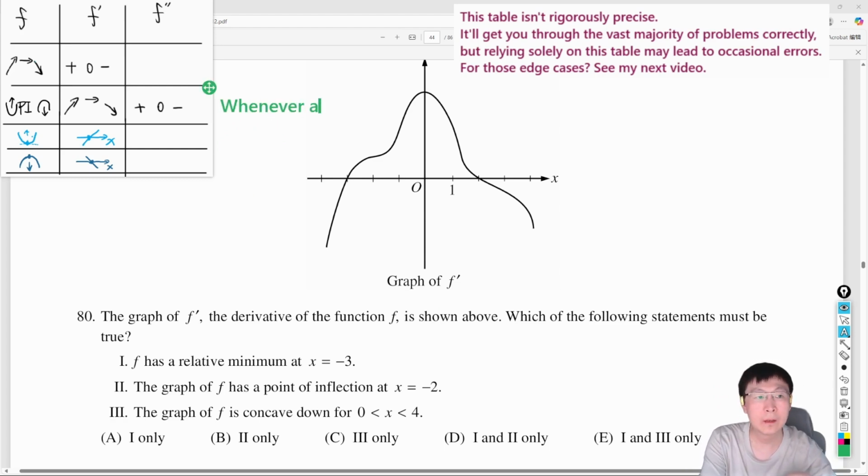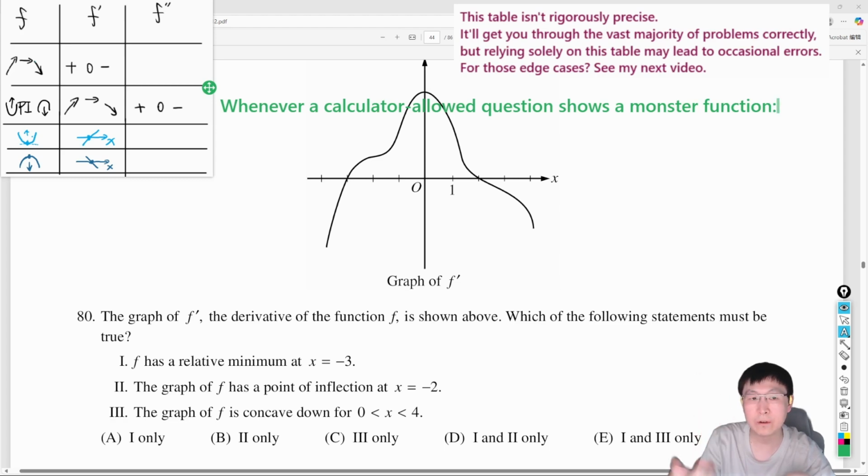Whenever a calculator allowed question shows a monster function, that is a very sophisticated function, the uglier the formula, the easier the way.